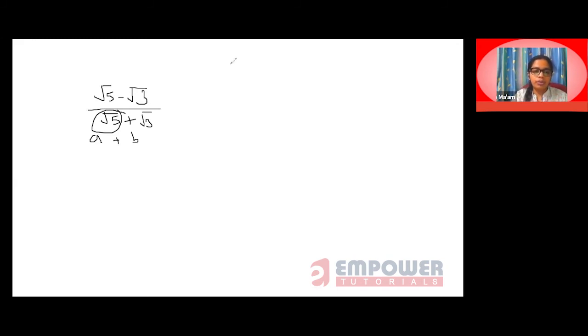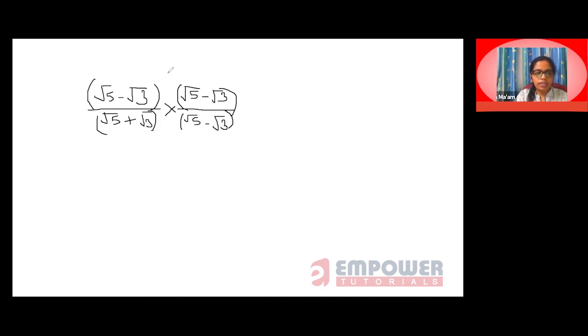So basically I will multiply it with its conjugate pair, to the numerator also and to the denominator also. So this will be root 5 minus root 3 upon root 5 minus root 3, right? I am multiplying it with its conjugate pair. So I will get a plus b and a minus b form in the denominator.